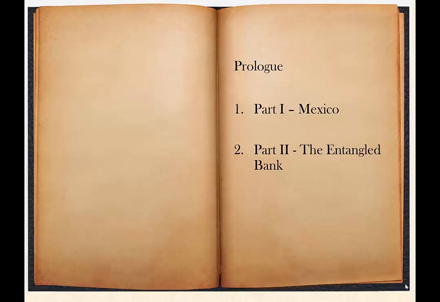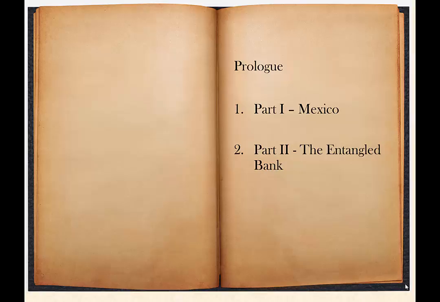Now, I kind of ran out of time last year to talk about Mexico, and I wasn't very satisfied with how the talk went. So this year, we're just going to have Mexico, part one, and we'll have part two next semester because the Entangled Bank is a web-enabled database and therefore sits better with the web development stuff that we'll do next time.